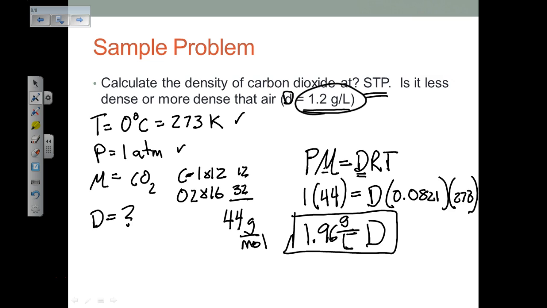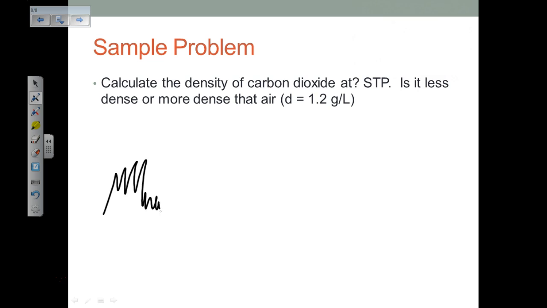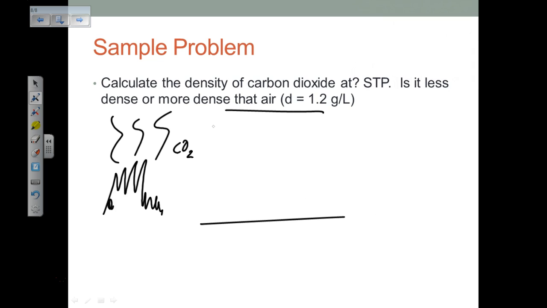Now, the interesting thing is what does that mean? So what? Well, let's say there's a fire in your house. Things are burning up. When things burn, they release carbon dioxide. And so if you're in a room, there's going to be smoke up here, but carbon dioxide, when it burns, is going to be found close to the floor.